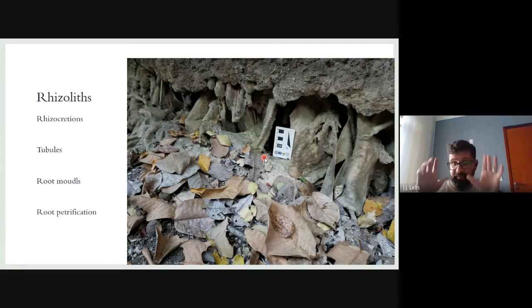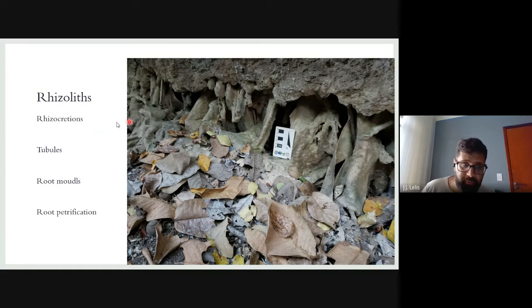We can see in some cases voids with different colors, a dark color or darker than the surroundings. So this expresses an area that's rich in organic acid, and it presents a different color and sometimes even a different texture, or these root mottles could be formed by a cemented material. So we have some voids that are preserved by organic deposition, organic acids that were yielded from roots. Okay.